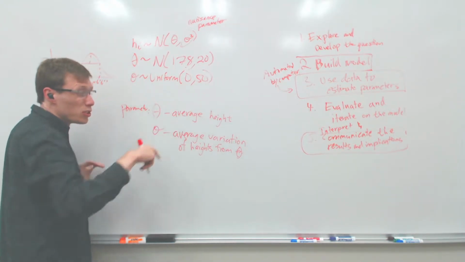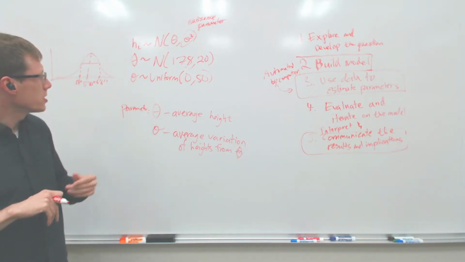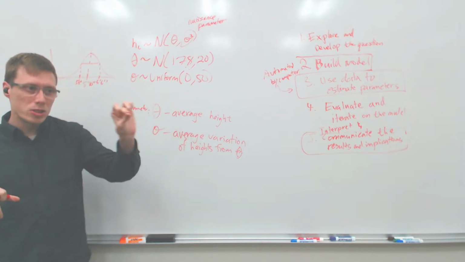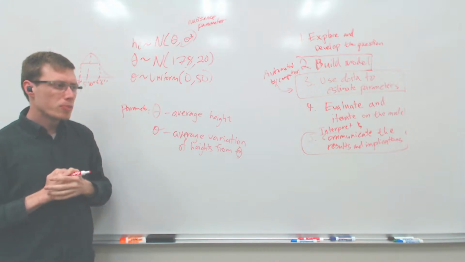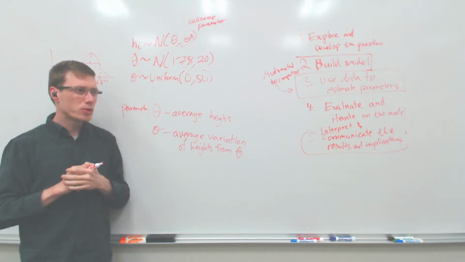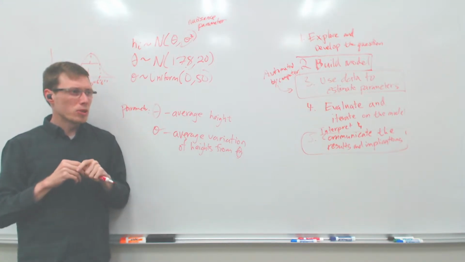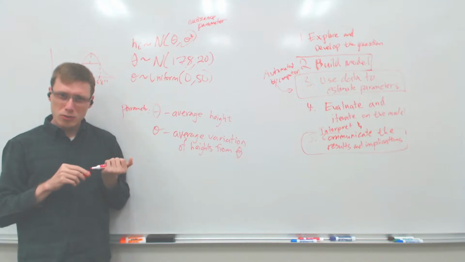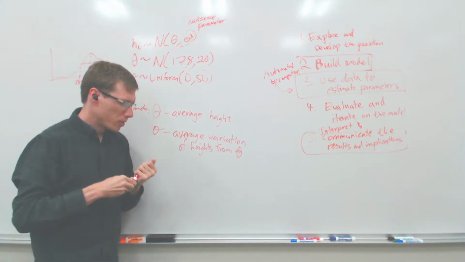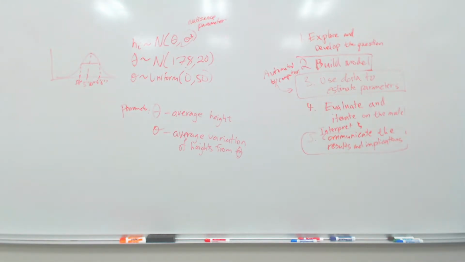Now, this is actually a kind of unusual distribution that he uses. But what it says is that it could be that everyone's the same, or on the upper end of things, that the typical variation is plus or minus like, I think 50 centimeters translates to about 2 feet. Let me look that up real fast, just so I can say it reasonably confidently.